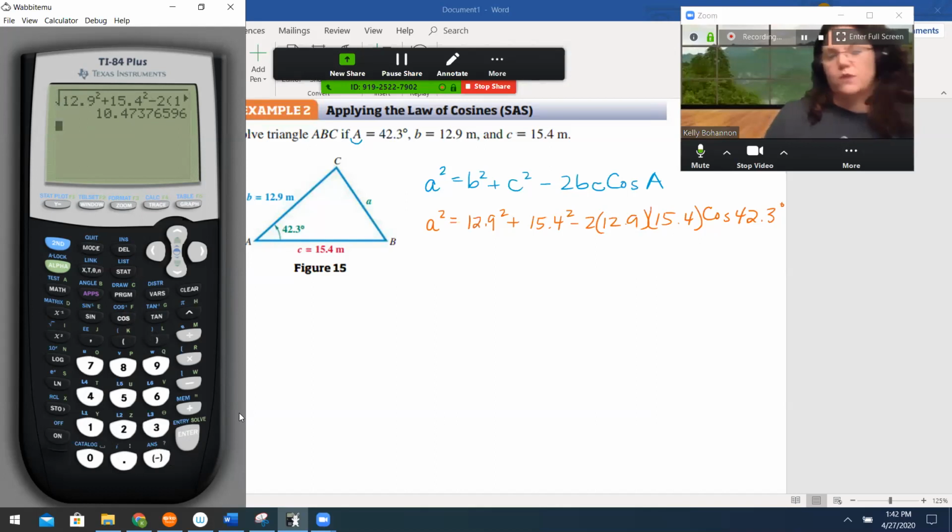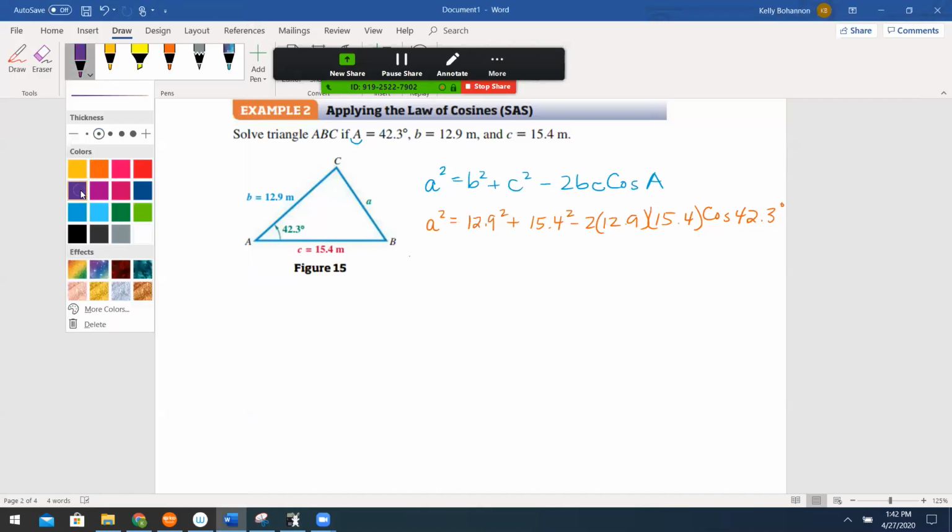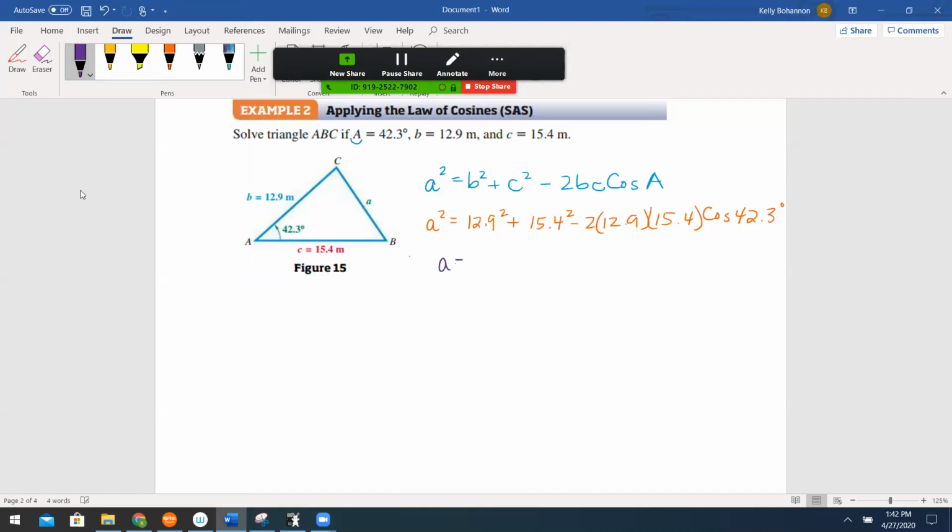These were all just one decimal place, so I'm just going to do 10.5. So my side A is 10.5.